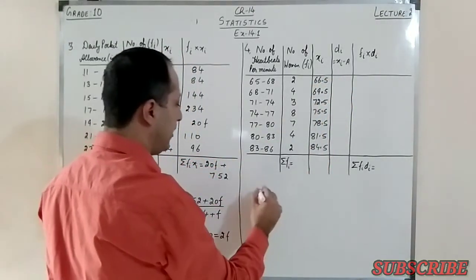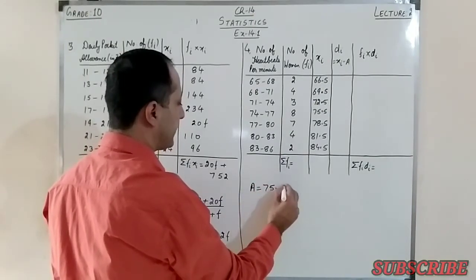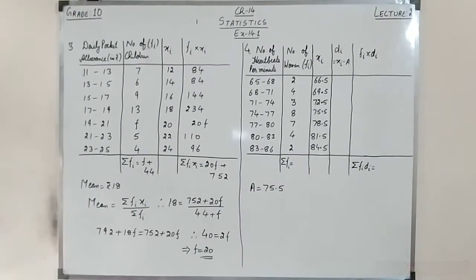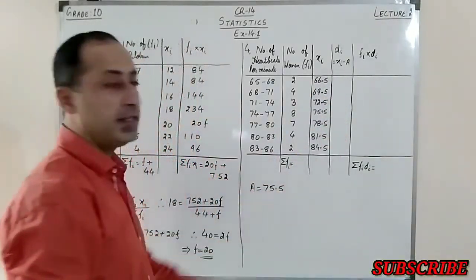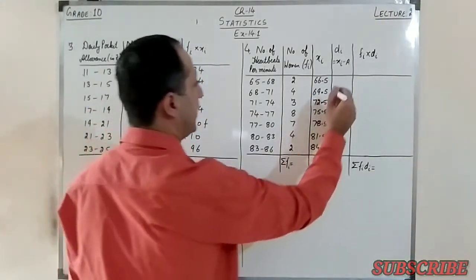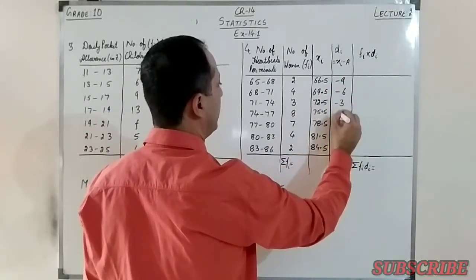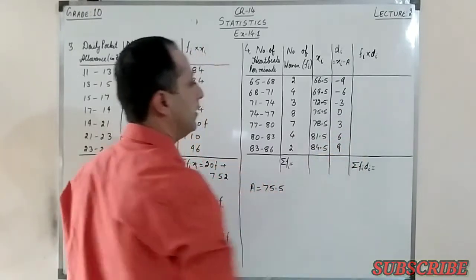We take the center value, that is a equals 75.5, right? Now the next thing is to find the di's. So we subtract the assumed mean from all these xi's. The values are minus 9, minus 6, minus 3, 0, 3, 6 and 9.